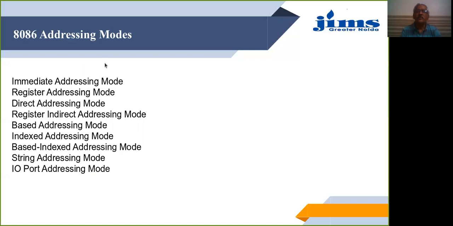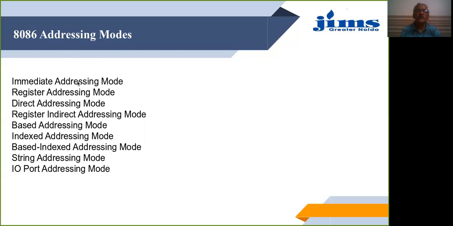Though when we refer to some other books, like Gibson's 8086 microprocessor interfacing and programming, we have some more addressing modes, like the segmentation addressing mode, where reference is made to the segments, the direct and the indirect segment addressing. Here we discuss the more commonly used and generally accepted addressing modes, which are very common and frequently used.